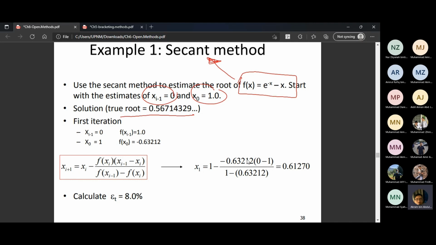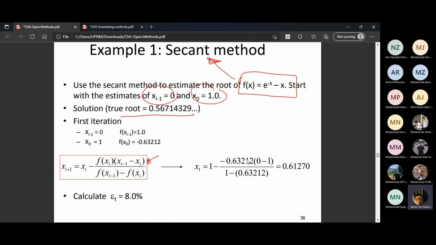If we calculate using this formula, replacing x equal to 0, we get 1. We replace x with 1, so we get negative 0.63212. And remember, we need to use the secant method's formula.